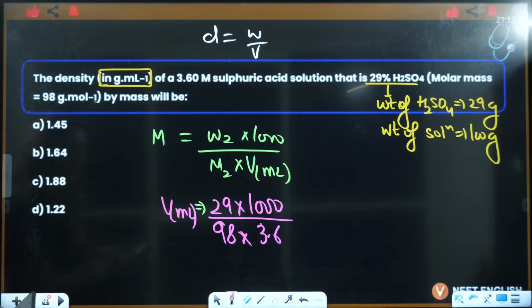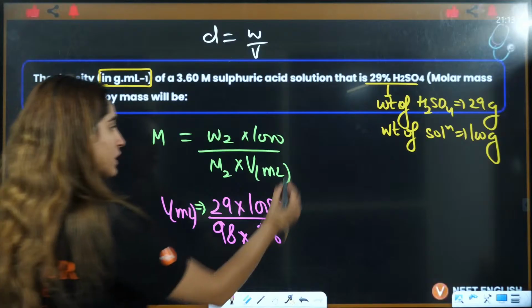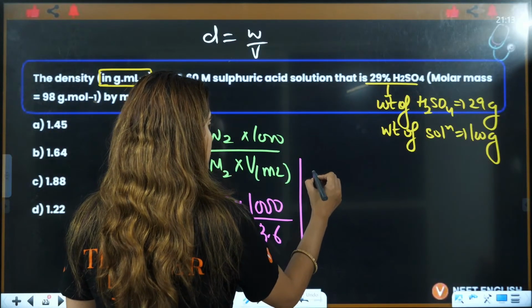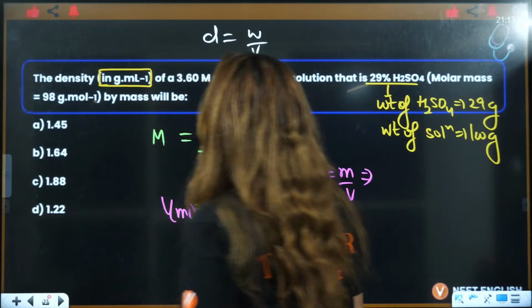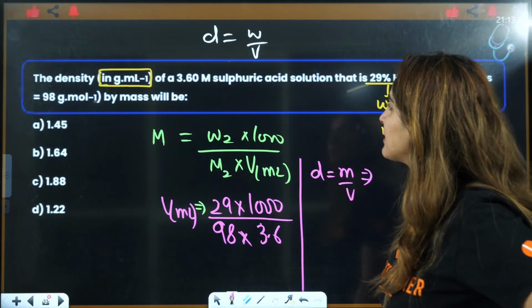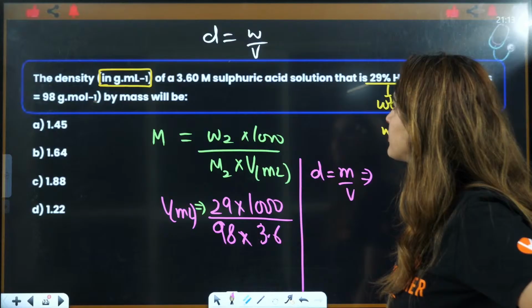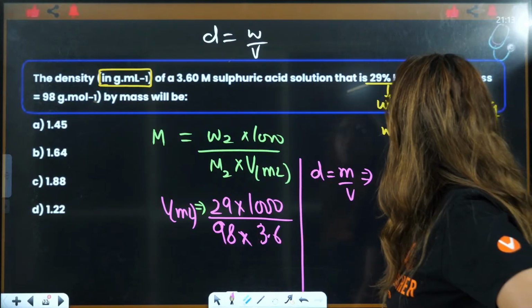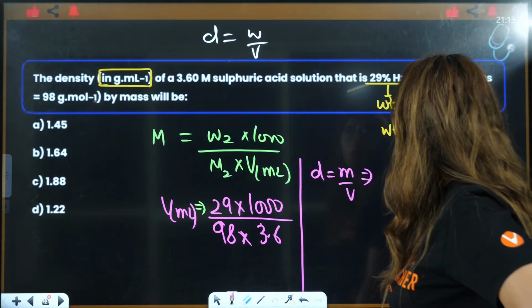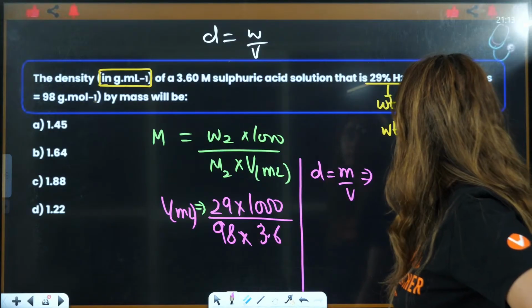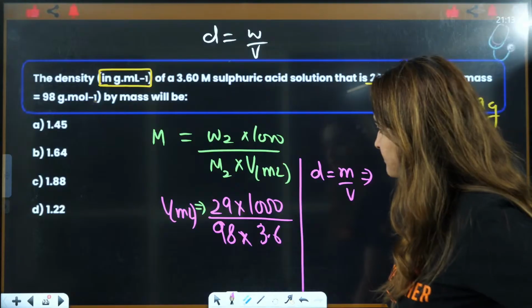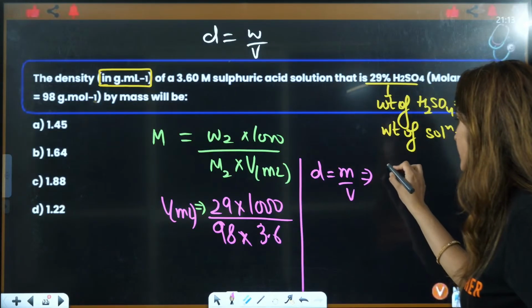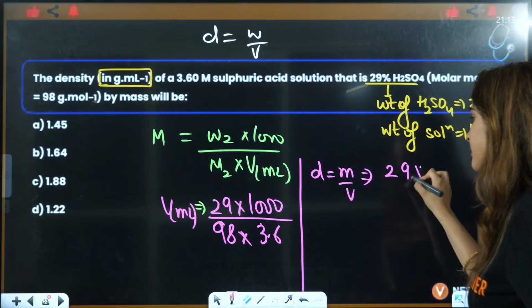This is the volume, right? Mass by volume, right? Even now if you calculate this, density is equals to mass by volume. The density of this molar acid, that is 29% of H2SO4 by mass. Okay. Mass is given to be 29, then also it is coming out to be the same.